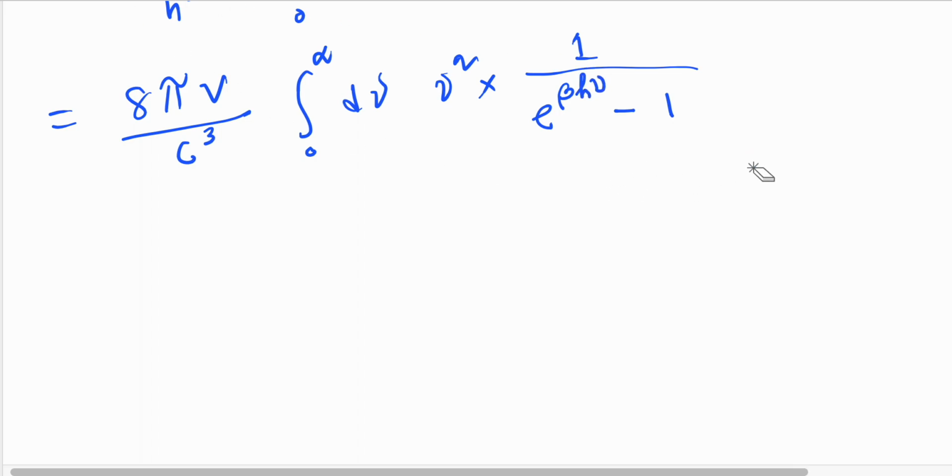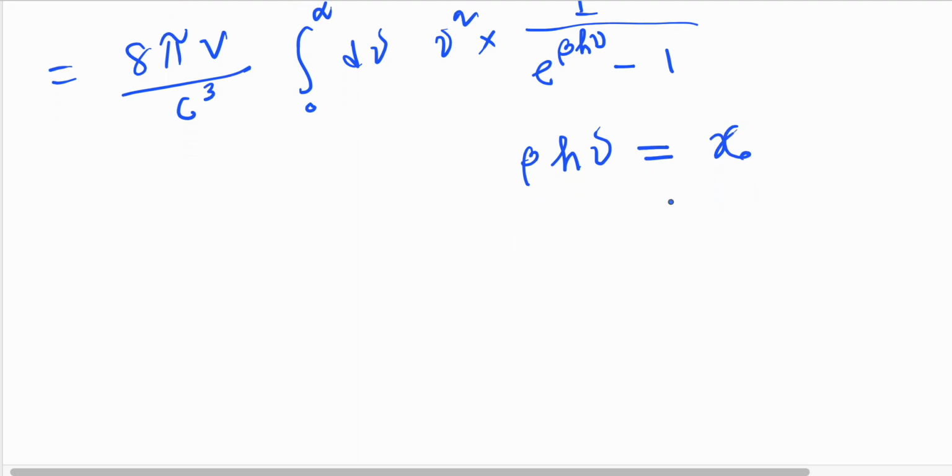Now take beta h nu equal to some variable x.